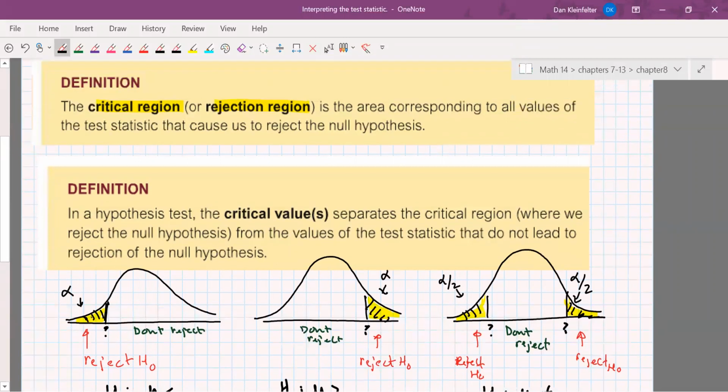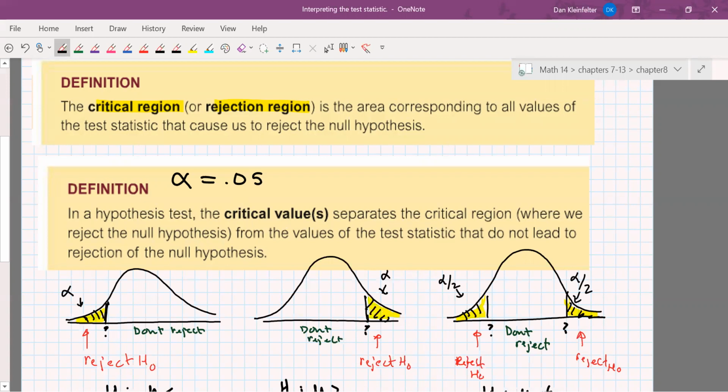So let's say that alpha is 0.05. For the left-tailed test, you would find an area of 0.05 in the left tail. What would be the critical value for that, either z or t or chi-squared? For a right tail, we would need 0.05 in the right tail, so 0.95 to the left.